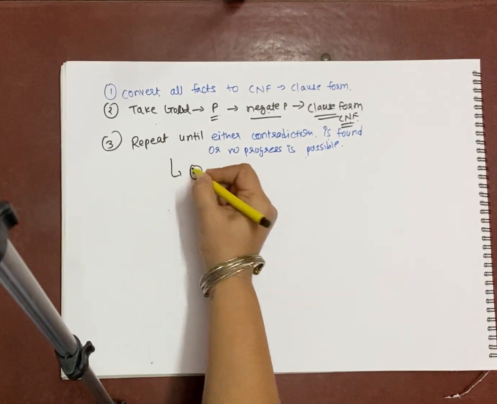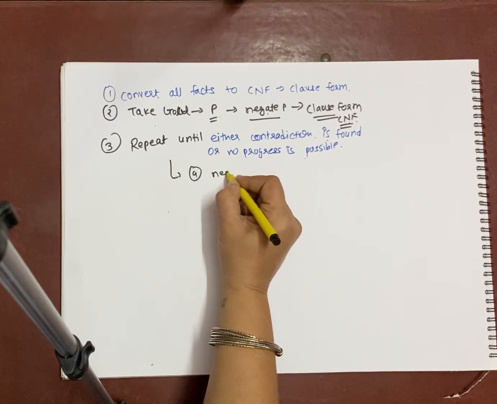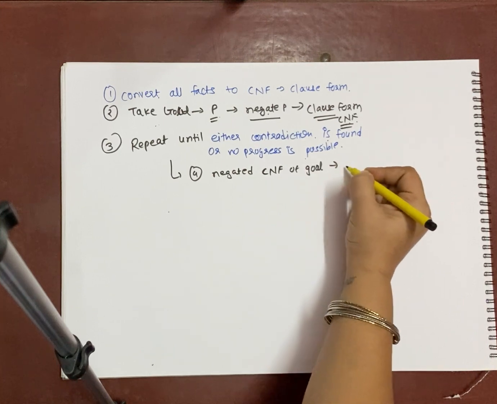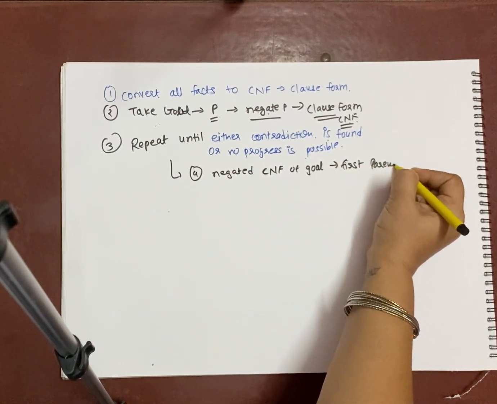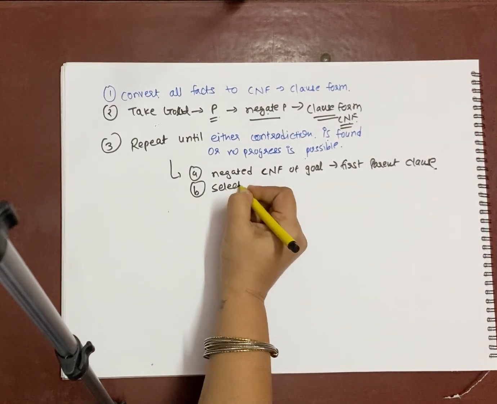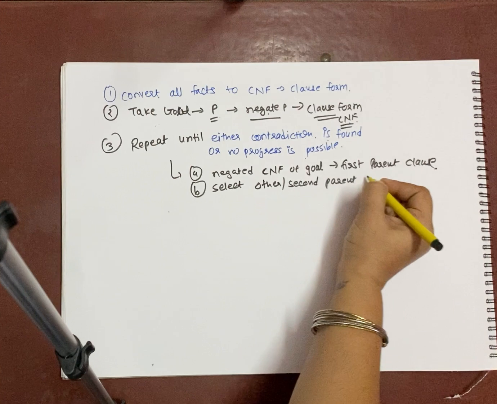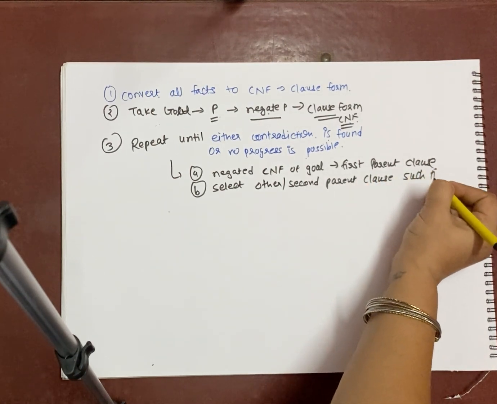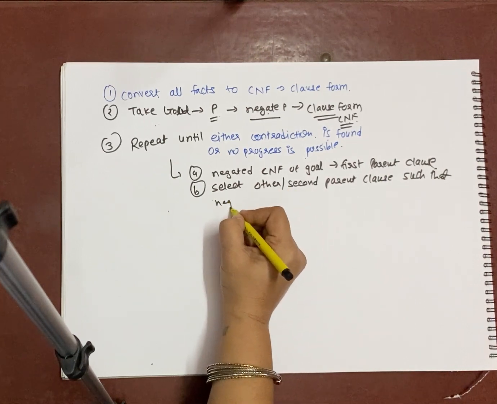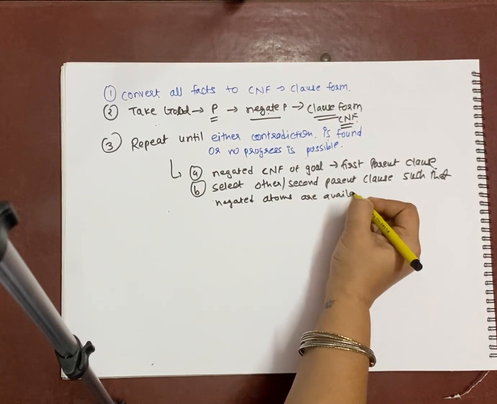Inside the loop, what steps are we going to perform? Out of the goal, the negated goal, that is the negated CNF of the goal, will be considered as the first parent clause. Then, step B, select the other, or let us say second, parent clause, such that negated atoms are available in each.